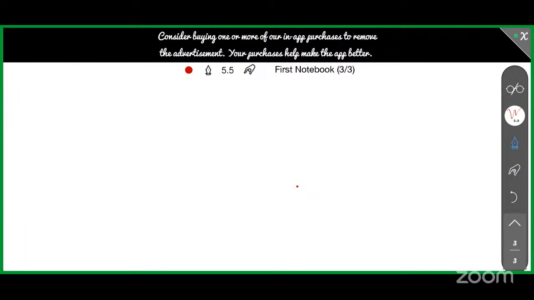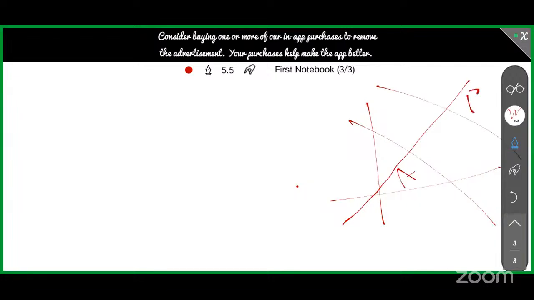So the question I asked is: a variable line L is passing through origin and cutting two parallel lines. Let us say my variable line is passing through origin and cutting two parallel lines at a point A and at the point B. This is my origin.